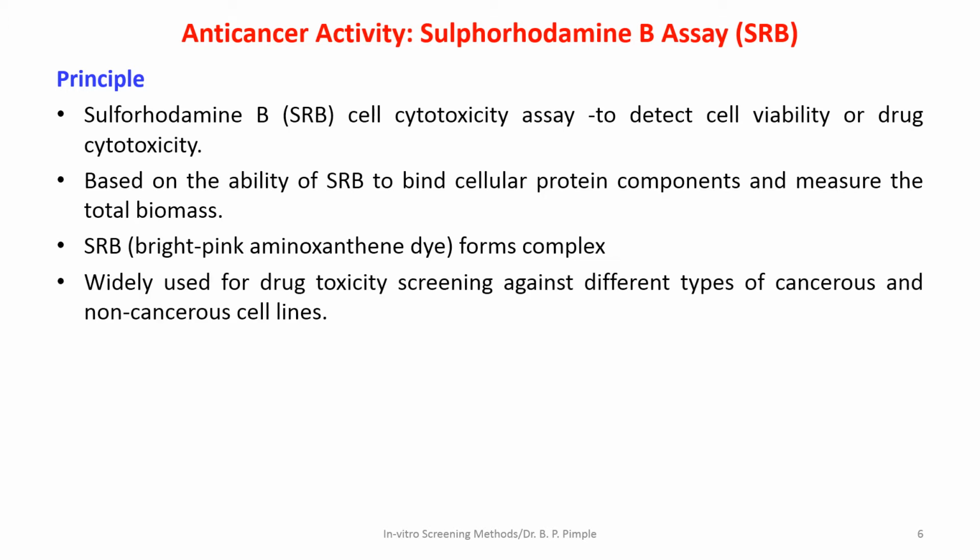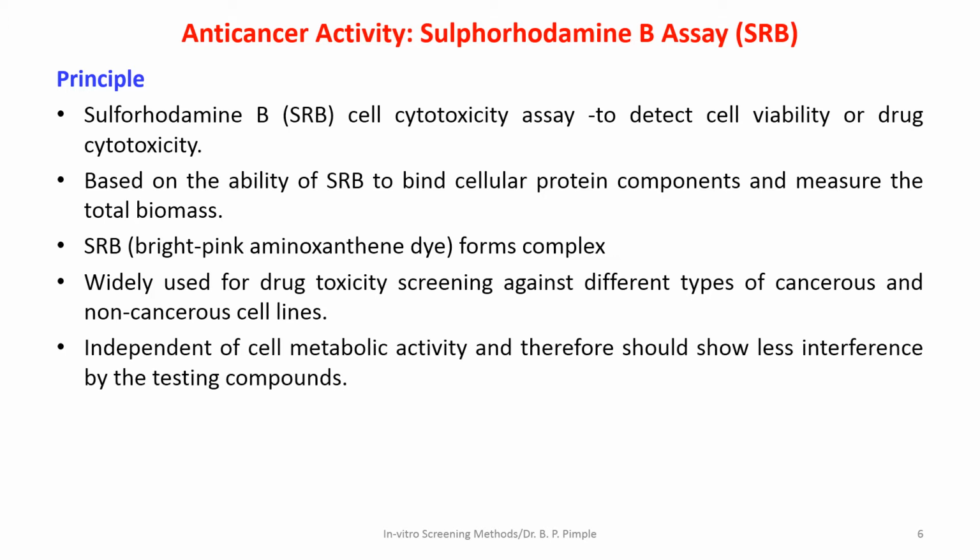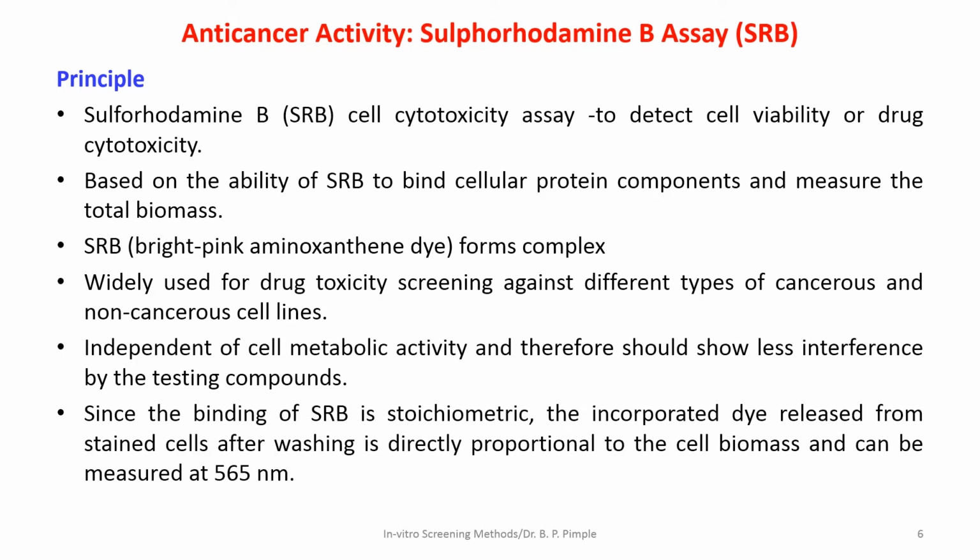This technique is widely used for cytotoxic screening of drugs, or even to test anti-cancer drugs, not only on cancerous cells but also on non-cancerous cells. Here, the binding, as we have seen, is stoichiometric, which means roughly in proportion.